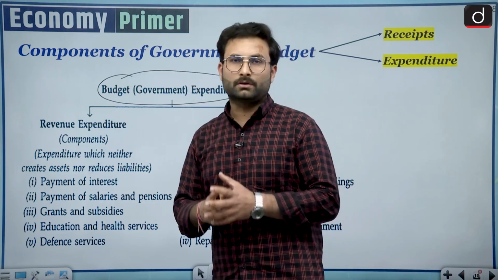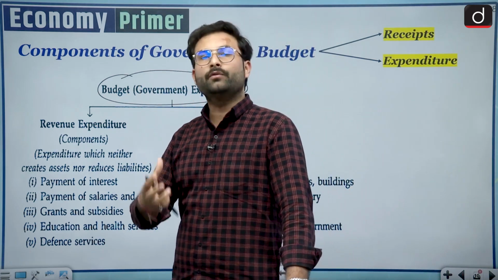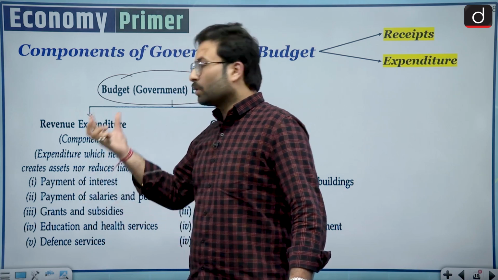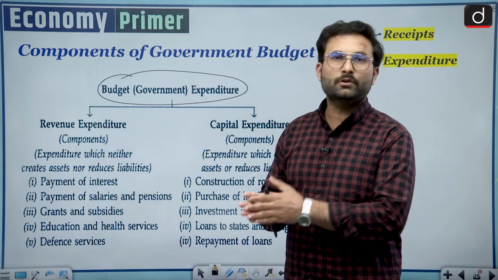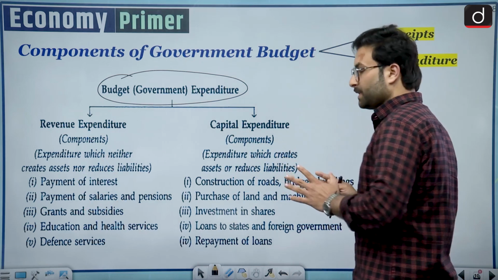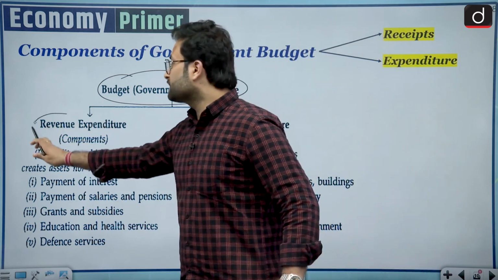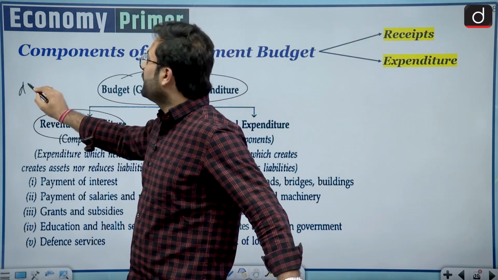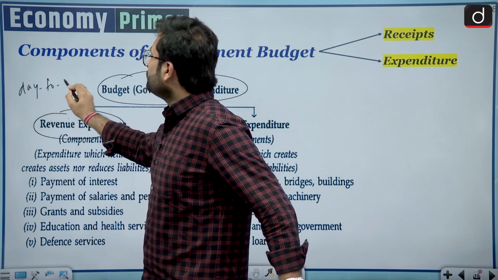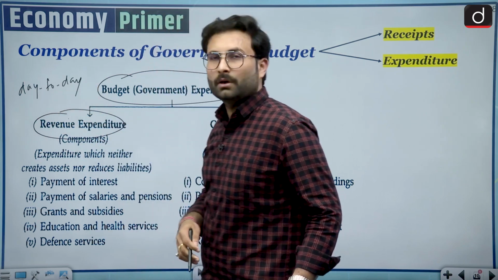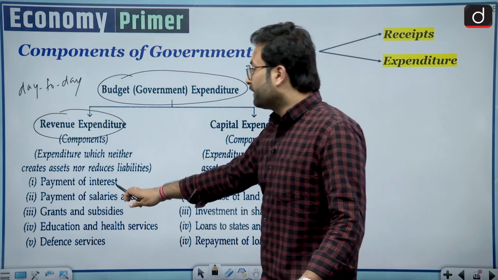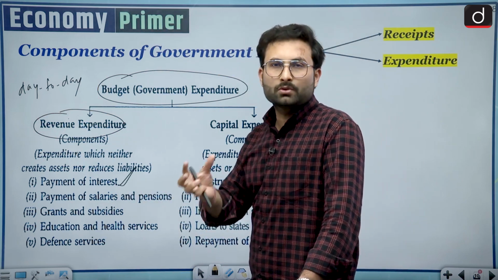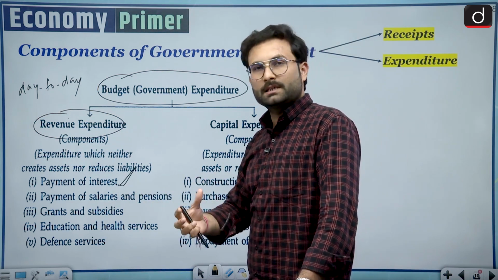Now moving forward, when we are talking about budget expenditures, we have talked about the receipt part, and now we are coming to the expenditure part. So in expenditure also we have revenue expenditure, and then we have capital expenditure. Revenue expenditure is the government's day-to-day expenditure. So again, this is short term. Here you can say payment of interest. Whenever government goes for a loan, payment of interest is on a periodic basis.